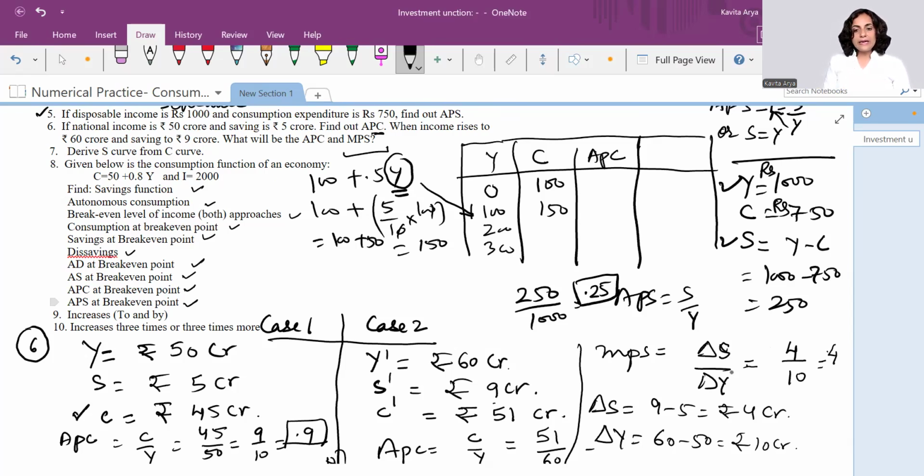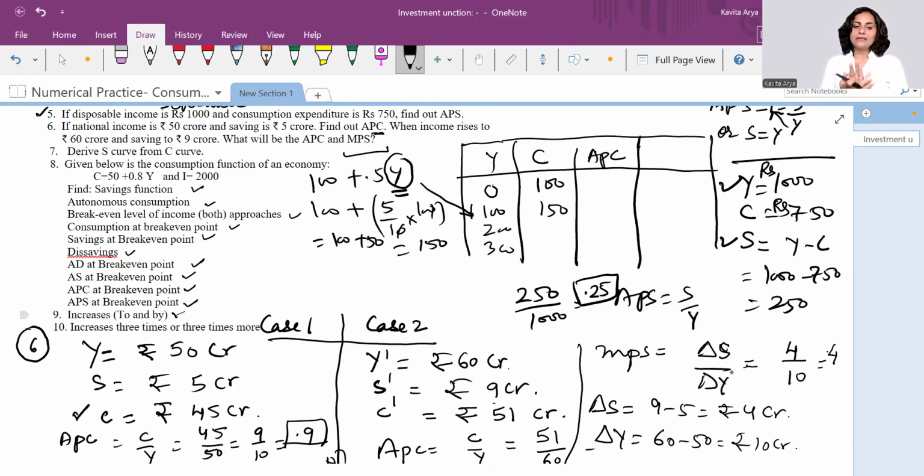The thing is, I also have written these 2 points, increase to and by. What do you mean by increase to and by? A value when increases to some value means 2 is the final value. For example, consumption is 500, it increases to 700. So it means the final value of consumption is 700.